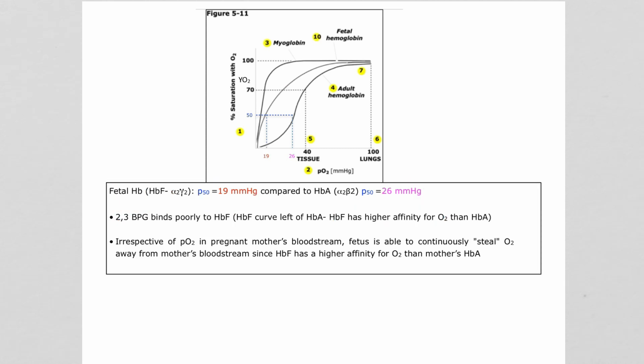So since hemoglobin F has a higher affinity for oxygen than hemoglobin A, that means irrespective of whatever the PO2 is in the mother's bloodstream, hemoglobin F of the fetus can continuously steal the mother's oxygen for the fetus. So these dissociation curves of myoglobin and the various types of hemoglobin help us explain the physiological roles of these proteins.